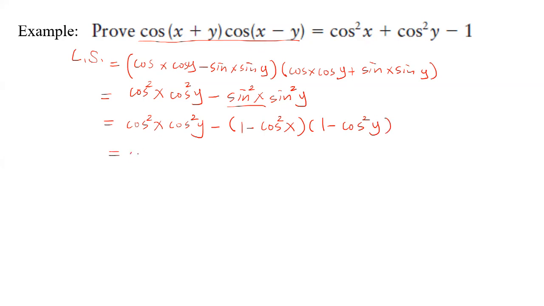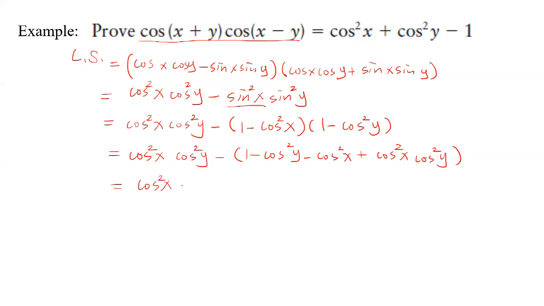Okay, and then expand again. This is 1 minus cosine y square minus cosine x square plus cosine x square cosine y square, right? Okay, so this is cosine x square cosine y square minus 1 plus cosine y square plus cosine x square minus cosine x square cosine y square.